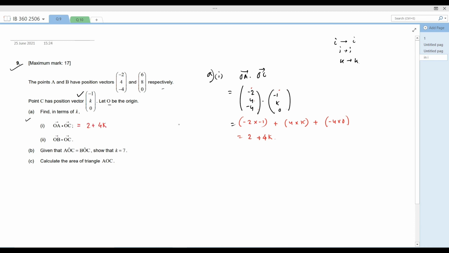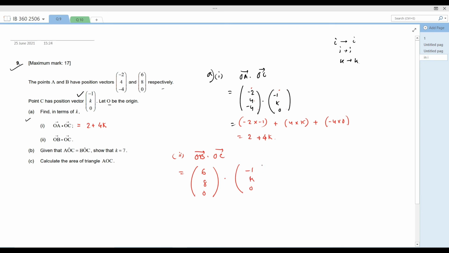Now the second question is to find OB dot OC. In the same way, we take (6, 8, 0) dot (-1, k, 0).